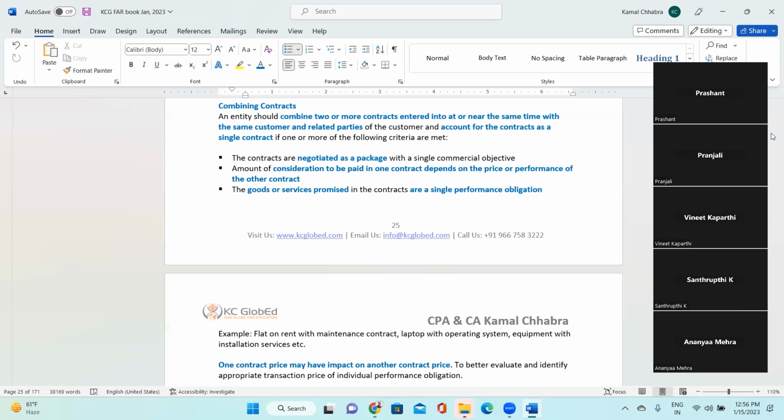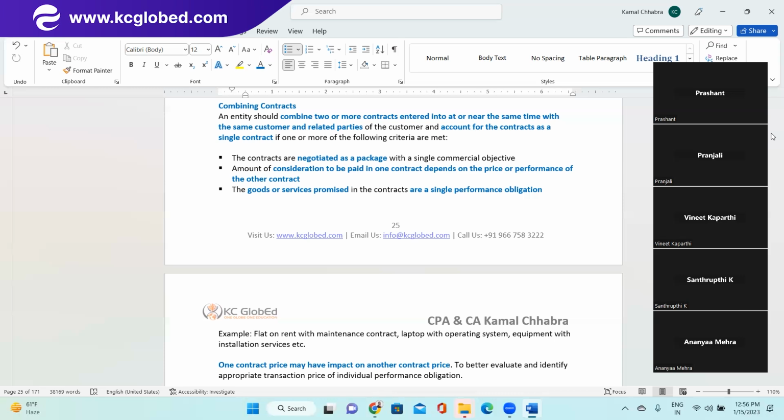Second is the amount of consideration to be paid in one contract depends on the price or performance of another contract. For example, you entered into a contract to purchase a particular item, and that amount is substantially less, but you are compensating the vendor by buying another product at a higher price.